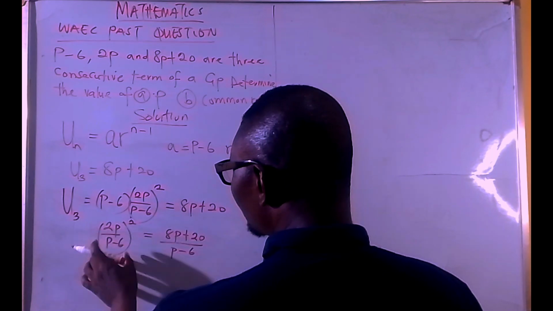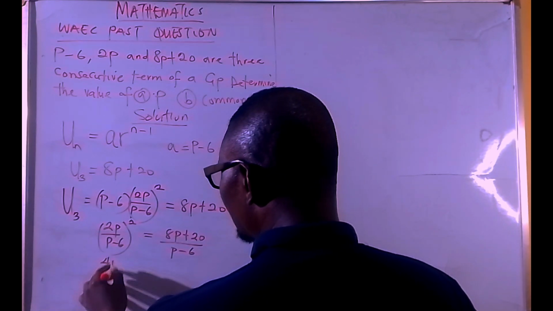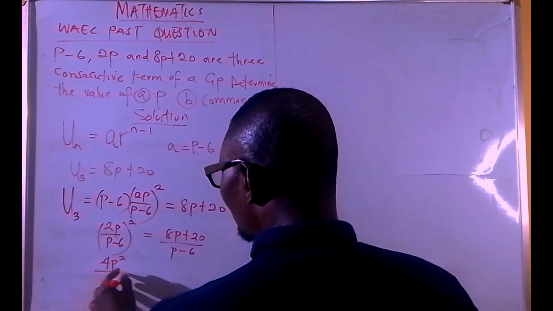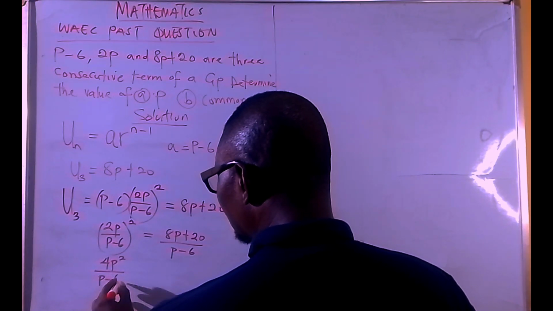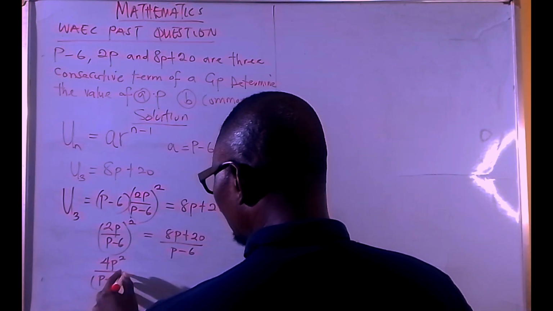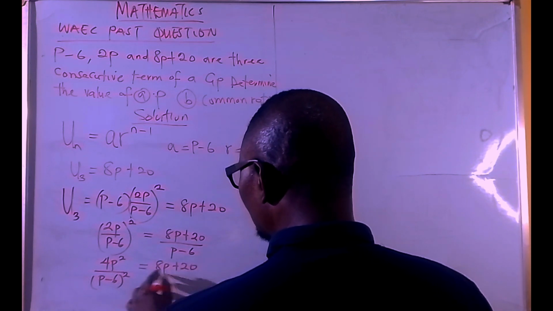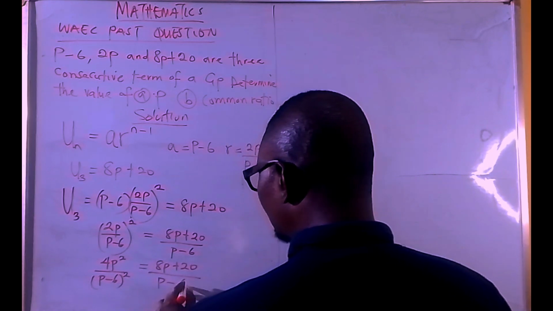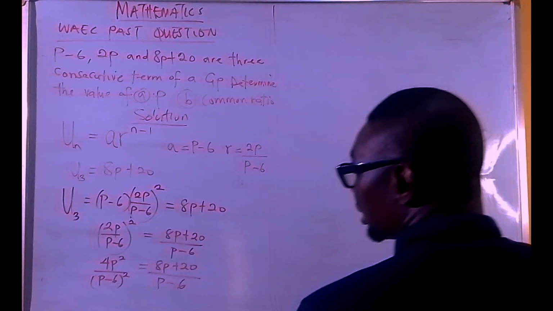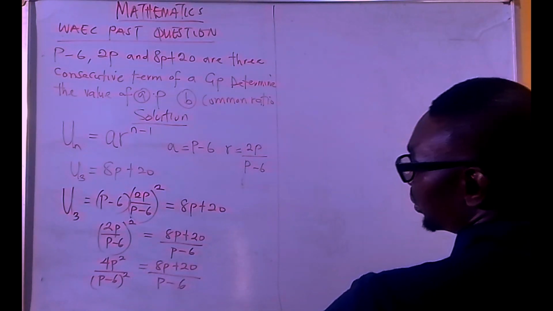So at this point, I can open this bracket. I now have 4P squared over P minus 6 all squared is equal to 8P plus 20 over P minus 6. At this point, we can cross multiply.